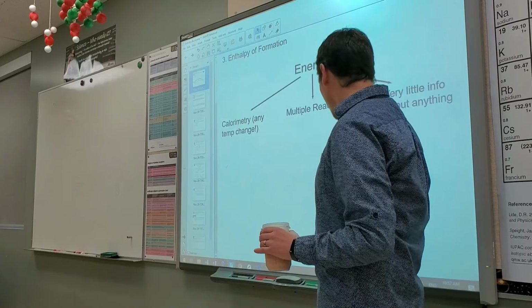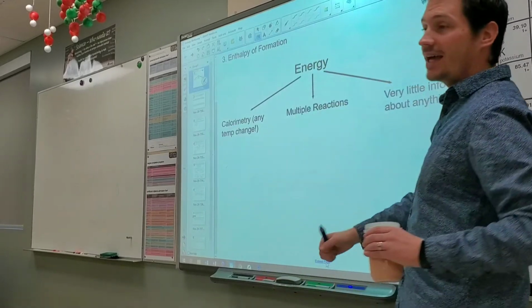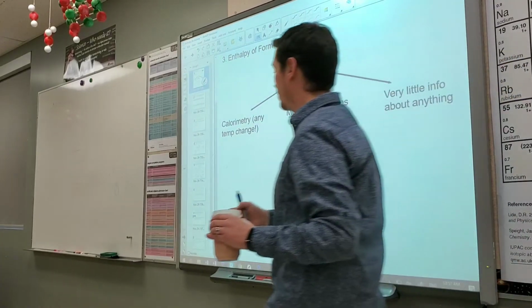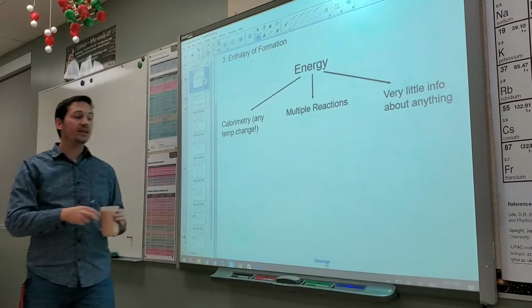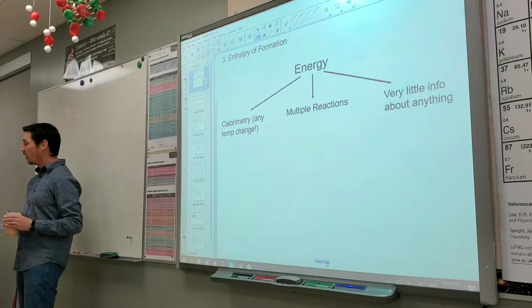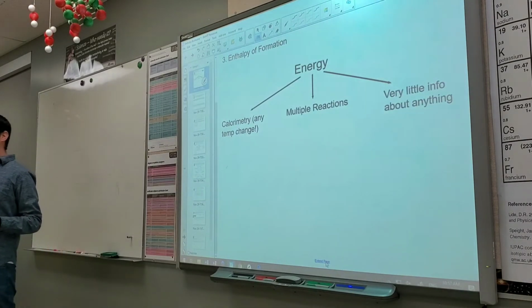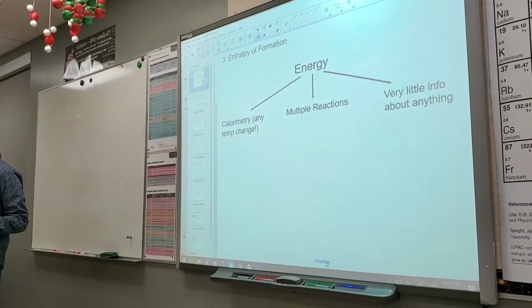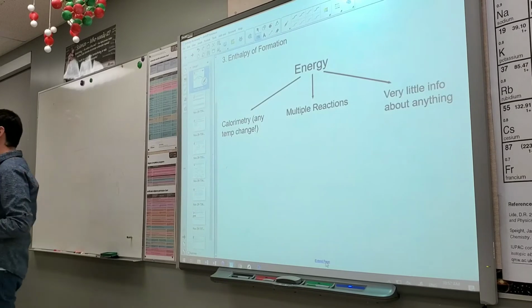So what I want you to think about here is that energy problems can basically be stripped down into 3 types of problems. So calorimetry, or any temperature change at all. If there's a temperature change of a substance, what should be the first thing that pops into your mind?